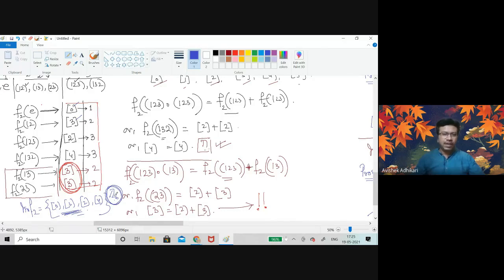By Lagrange's theorem, if this could be the image of f2, then its order cannot divide the order of Z6. As a result, this cannot be a subgroup of Z6. As a result, this can never be a homomorphism, because just now we have shown that if this were a homomorphism, then the image of f2 must be a subgroup of this. Clear now? It's clear?